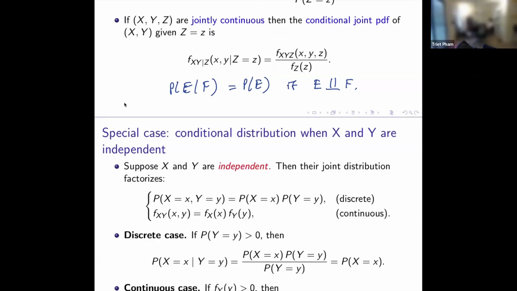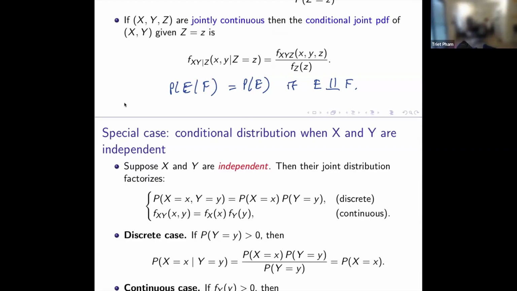Basically, independence means that with knowledge of the event F, the calculation for the likelihood of E does not change. So knowing F does not change how you look at the likelihood of E, then that effectively means E and F are independent.